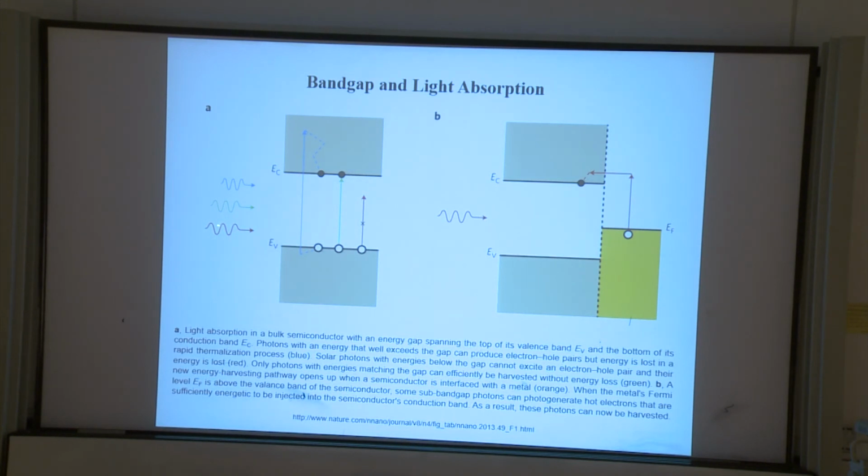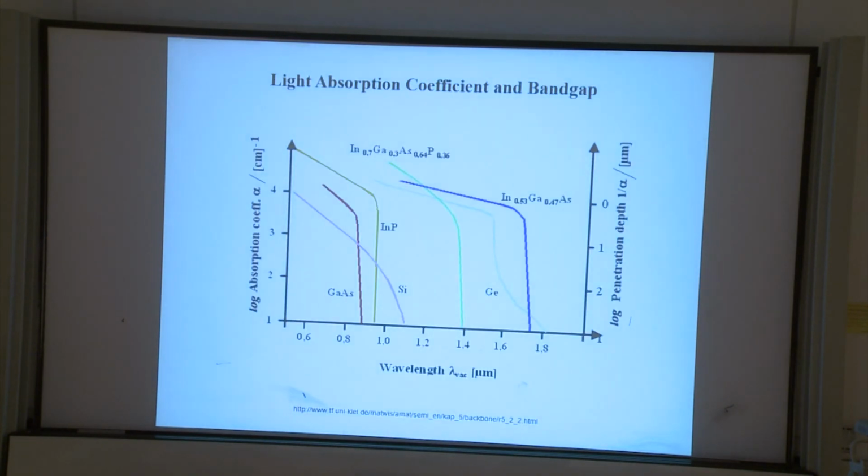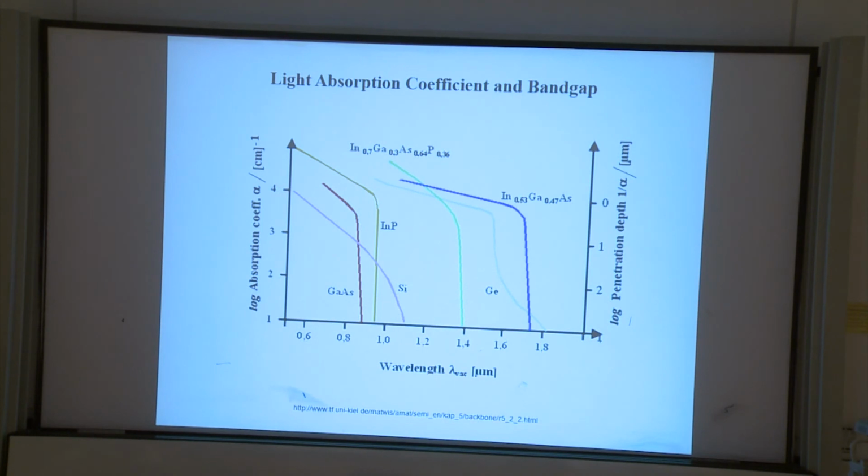This is indium phosphide, and this green line is for gallium arsenide. For wavelengths in between the two edges, the light can be absorbed by indium phosphide, but it cannot be absorbed by gallium arsenide. Say this is like 0.95.